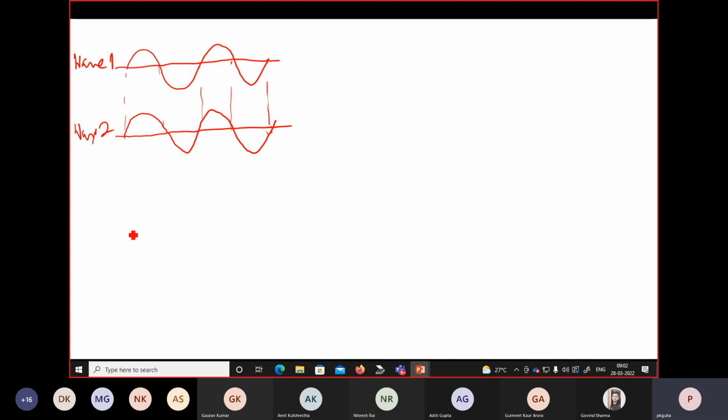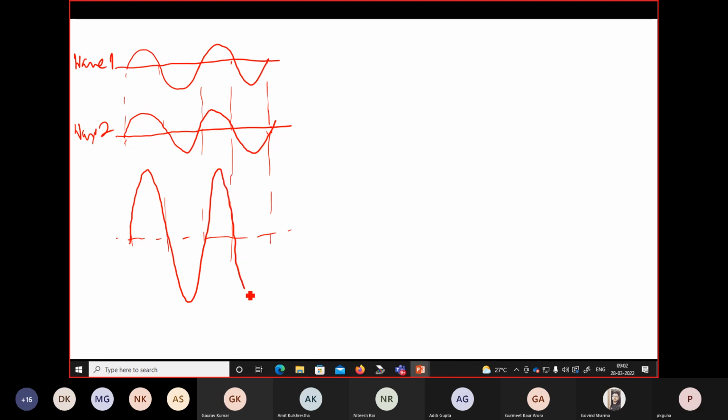What will happen to the resultant wave? If they are in the same phase, they will give constructive interference, right?